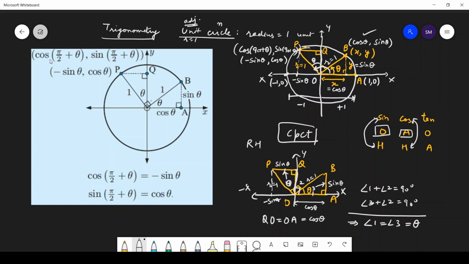So you can see that I can write 90 as pi by 2 radians. You know that pi radians is equal to 180 degrees. So we can write the angle measure in two ways, radians and degrees, and 180 degrees is equal to pi radians. You know that if this is the arc of the circle, if the arc length is r, then the angle theta here will be equal to 1 radian.